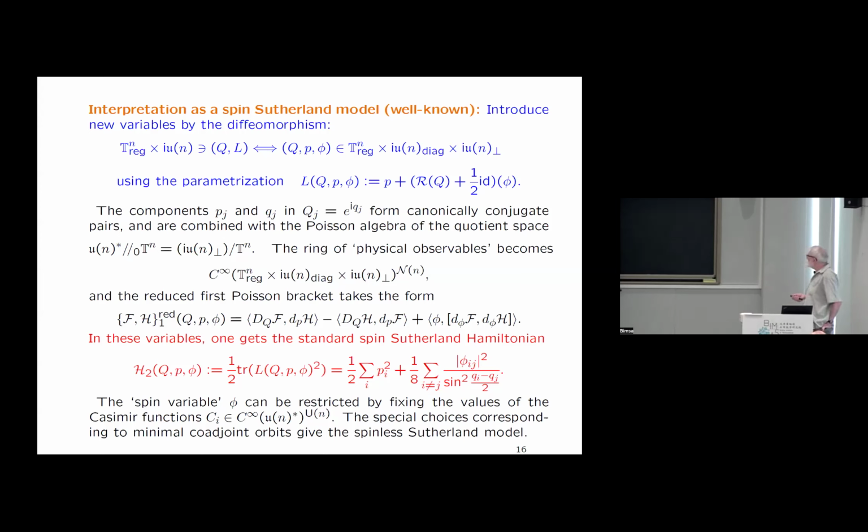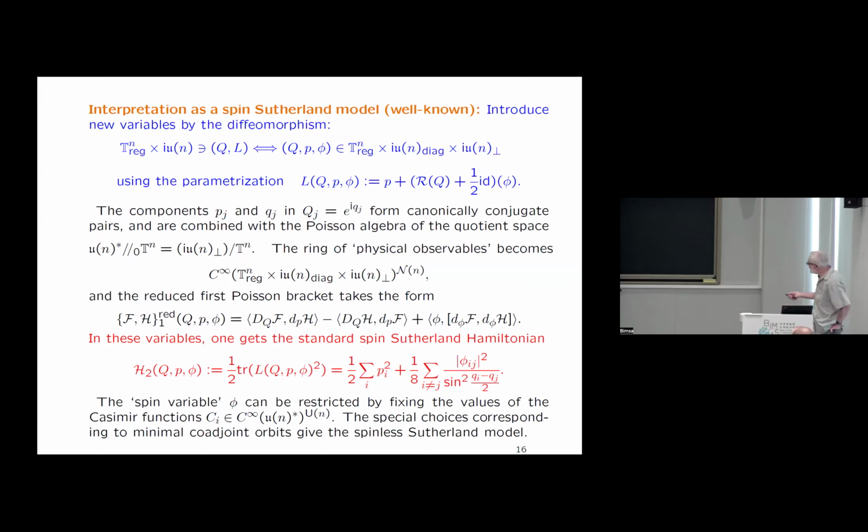And then in terms of these new variables, first of all, the most important Hamiltonian, as always, the trace of the square of the Lax matrix, will be the spin Sutherland Hamiltonian, which I mentioned at the beginning. And also the Poisson bracket takes a nice form. Q and P are canonically conjugate pairs, Darboux variables.